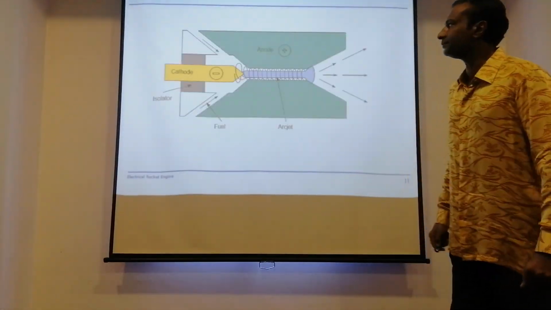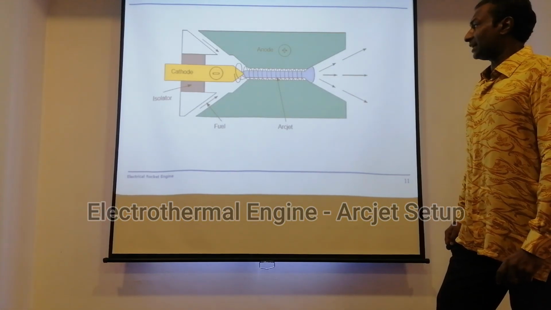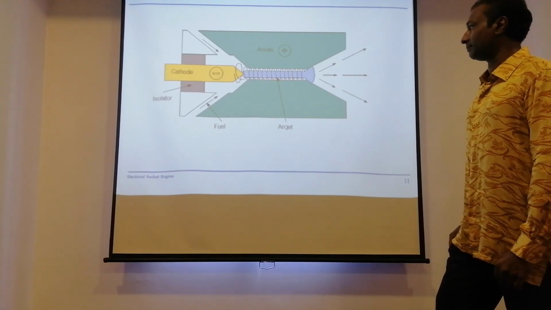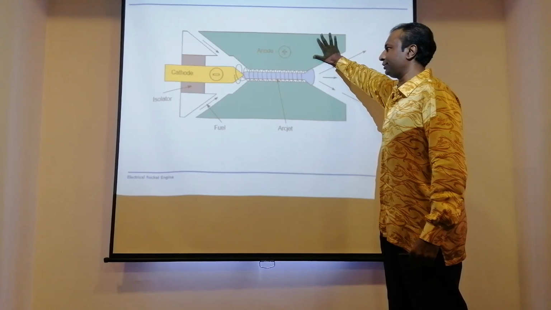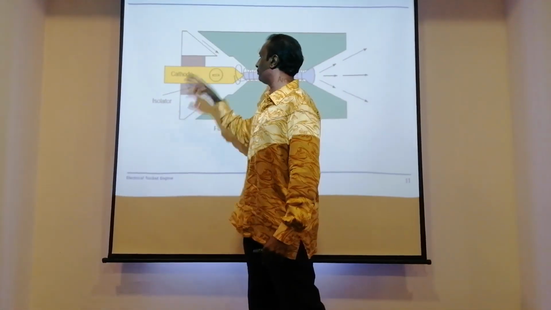Go on. Okay, now look at here. This is how it works. I think I've explained a bit just now. Arc engine setup. Now assume this is positive, negative. Fuel flow.